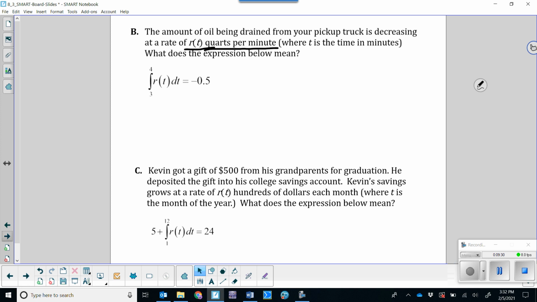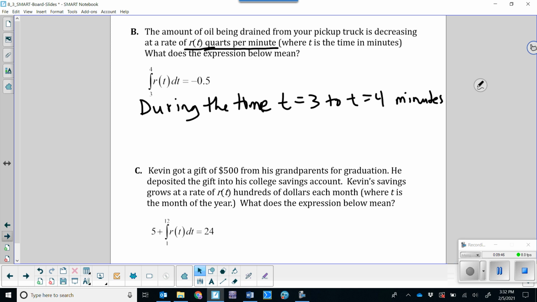Okay, so let's write that out. So we could say during the time t equals 3 to t equals 4 minutes, the amount of oil drained from the truck.